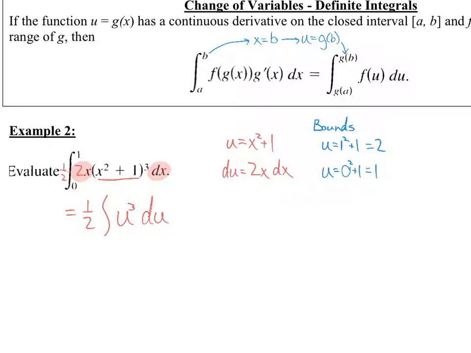Instead of going from 0 to 1, we're going to go from 1 to 2. Now we never have to worry about the x's again. We don't have to plug it back in after we integrate. That's easier. We could just keep going: 1/2 times u to the 4th over 4, and that u to the 4th over 4 I evaluate from 1 to 2.